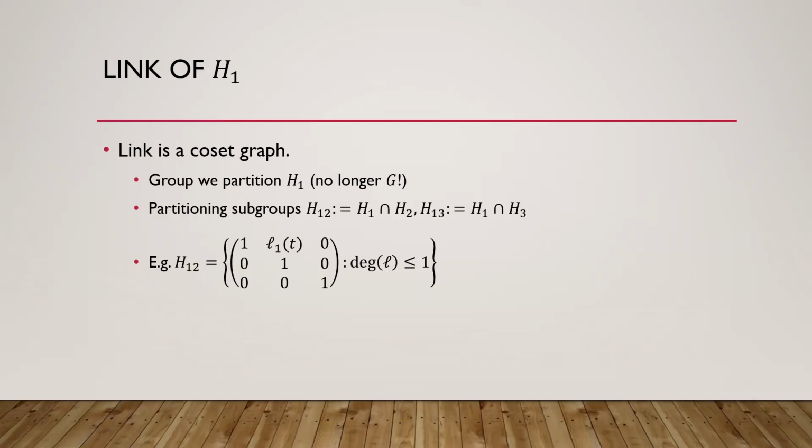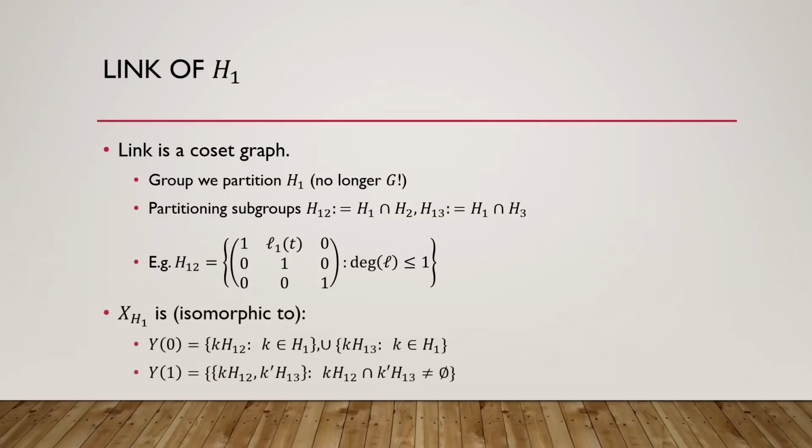And the partitioning subgroups that we will use are the intersections of H1 and H2 and of H1 and H3. I'll call them H12 and H13. And they also have very explicit descriptions, as you can see here. And so the link of H1 is actually the coset graph defined by these two partitions according to H12 and H13, and edges according to non-empty intersections.